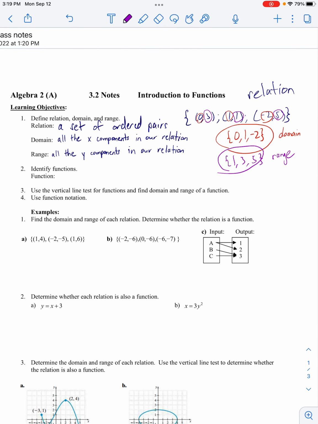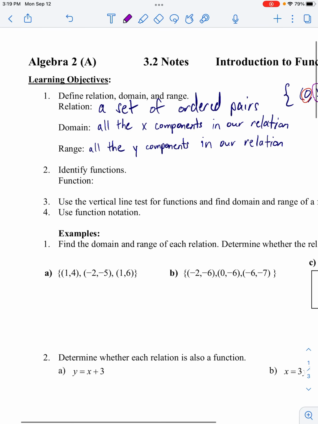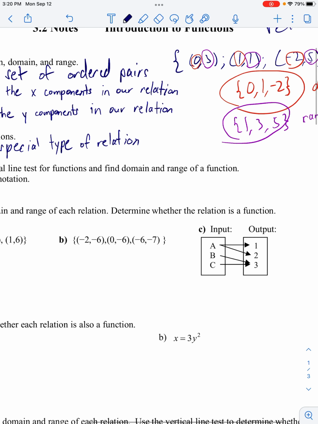The next thing we're going to define is a function. A function is a special type of relation.